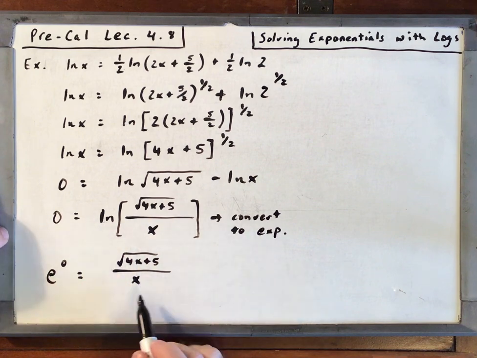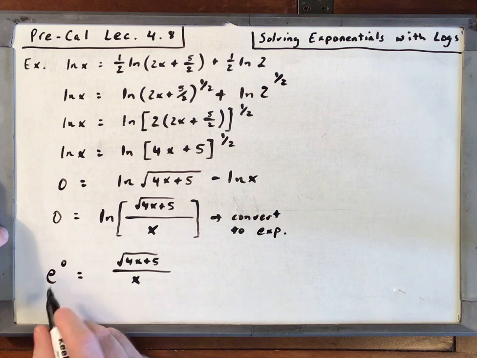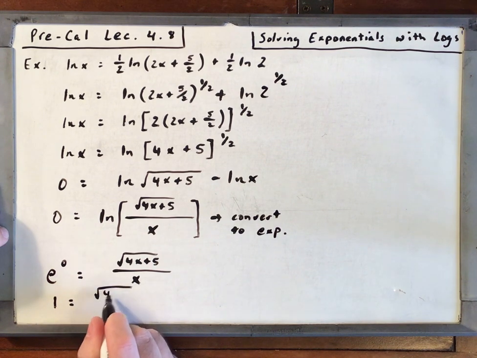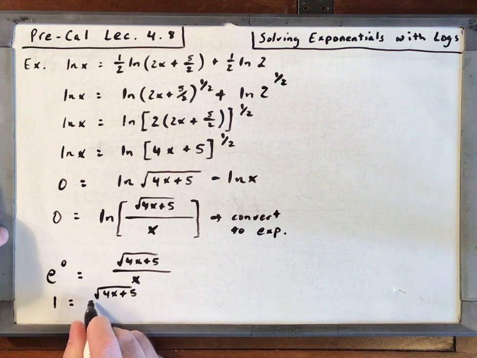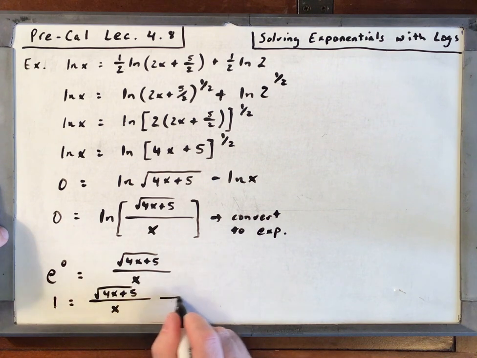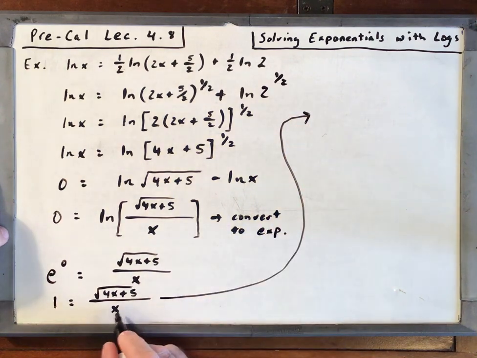We converted that log to an exponential. Well, what's anything to the 0 power? It is 1. Now let's multiply both sides by x. I'm going to bring this all the way up top. Multiply both sides by x.